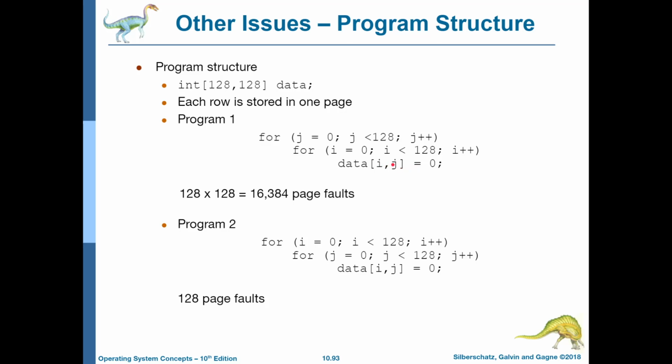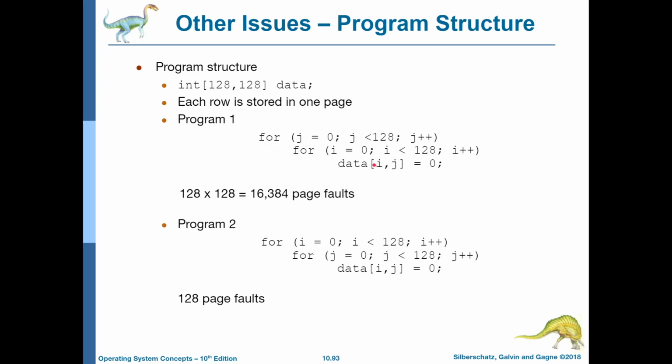Now, memory on most systems these days is laid out in what is called row major order, meaning that each byte is stored in a row, and then the next row is appended to the end of that.